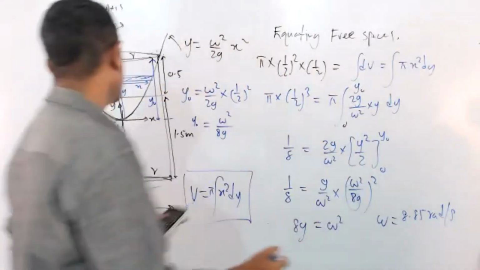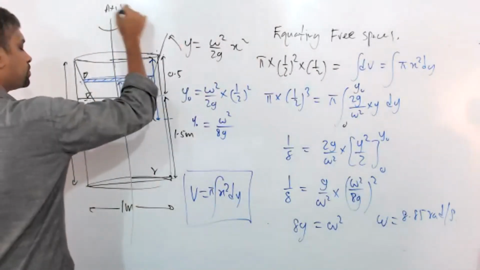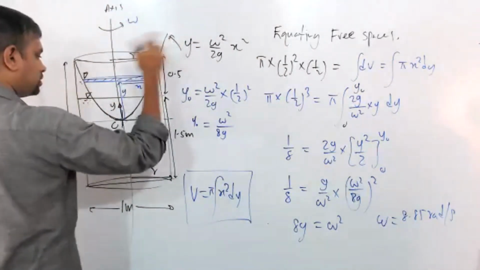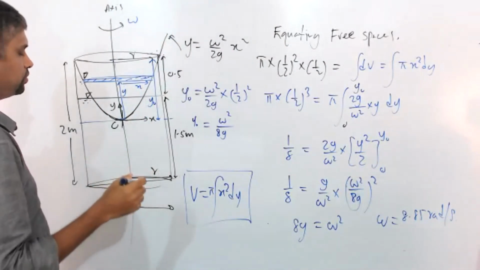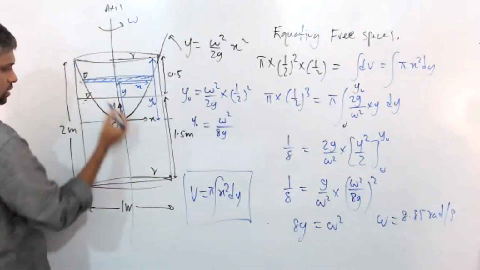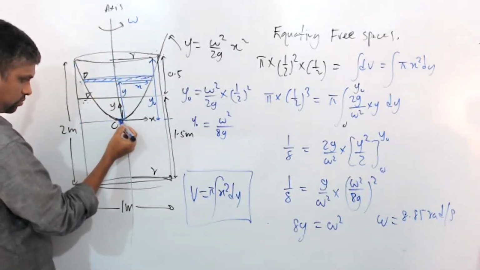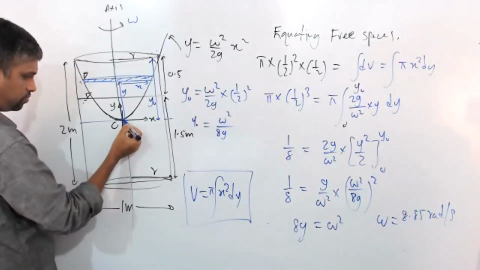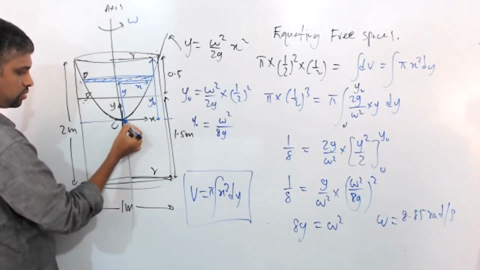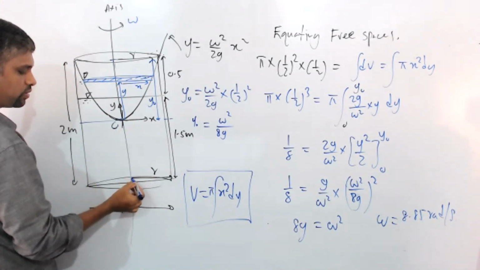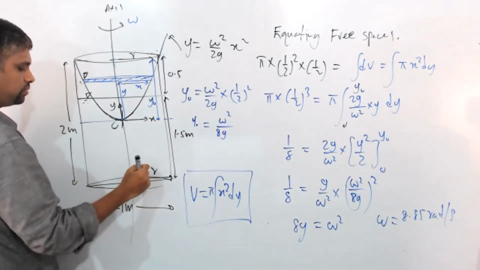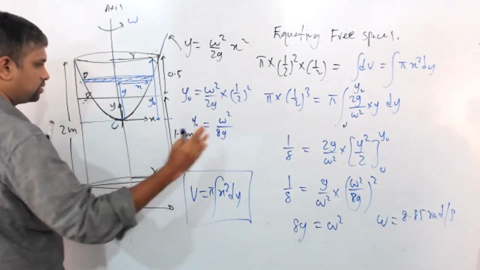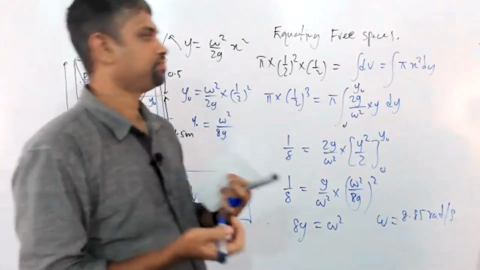If you exceed this omega, what happens? Water is spilling out. If you further increase, the top point will reach the bottom. If you further increase, the water will further expand.